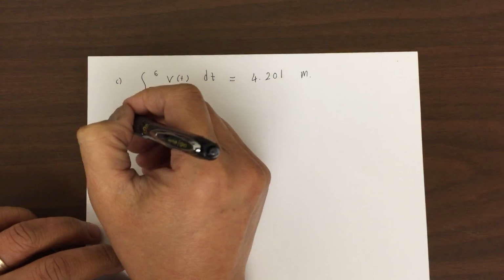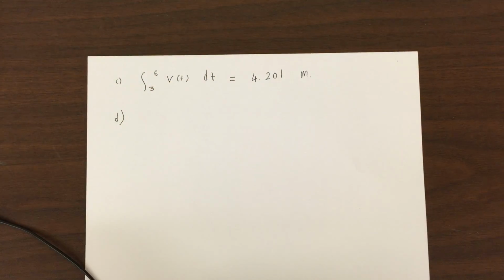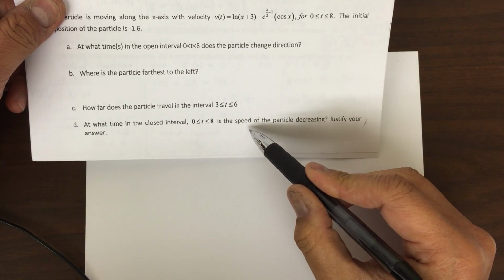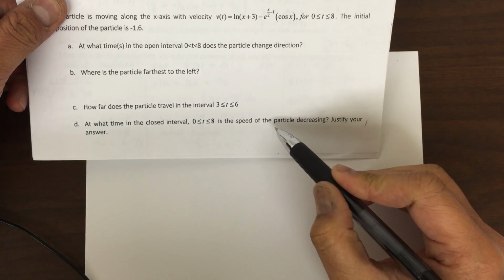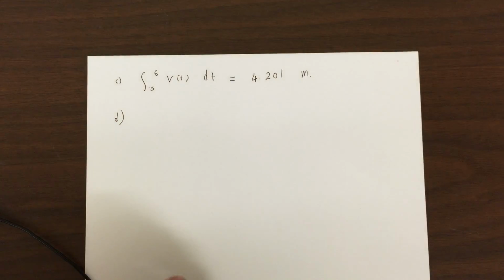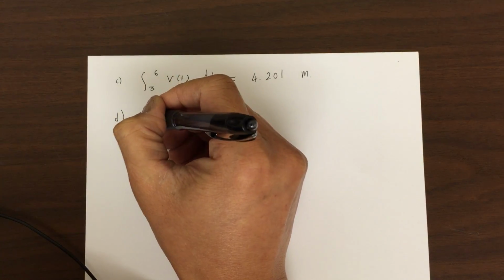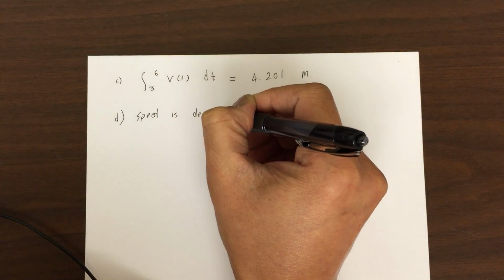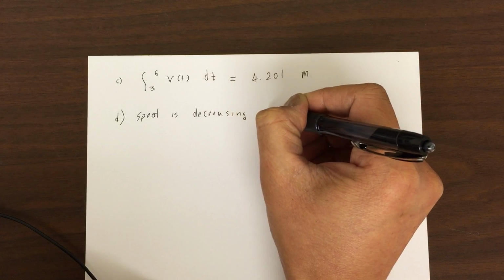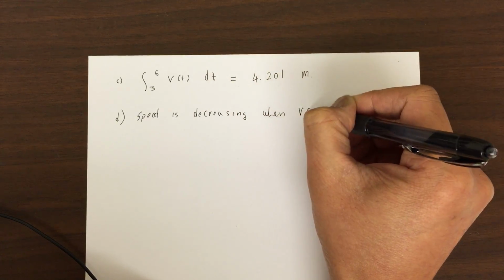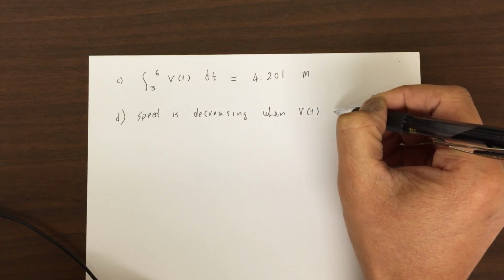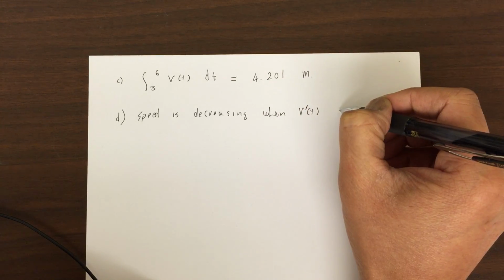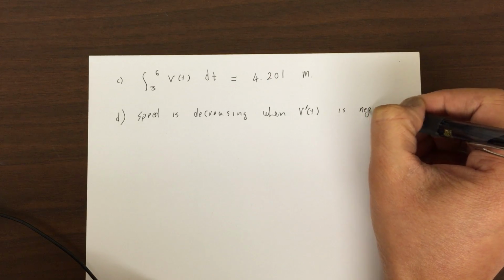Now part D asks, at what time in the interval is the speed of the particle decreasing? The speed is decreasing when the derivative of the velocity function is negative.